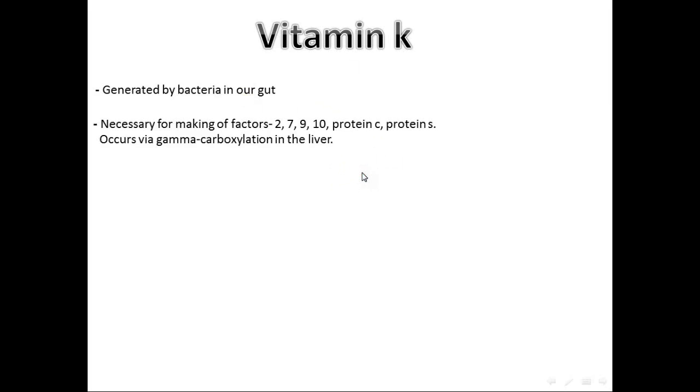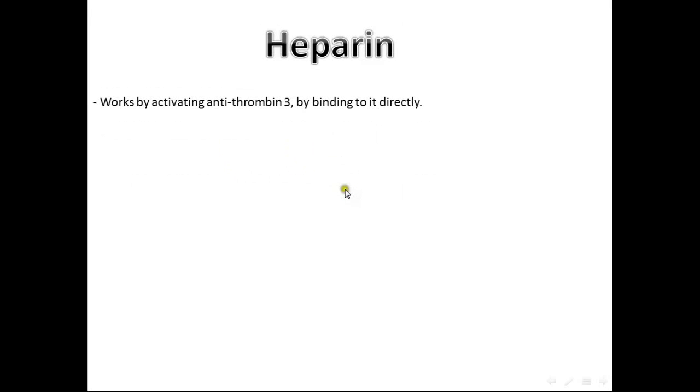So let's just read it. First of all, vitamin K is generated by bacteria in our gut. It is necessary for production of factors 2, 7, 9, 10, protein C and protein S by gamma carboxylation in the liver. And it is activated by the epoxide reductase enzyme also in the liver.